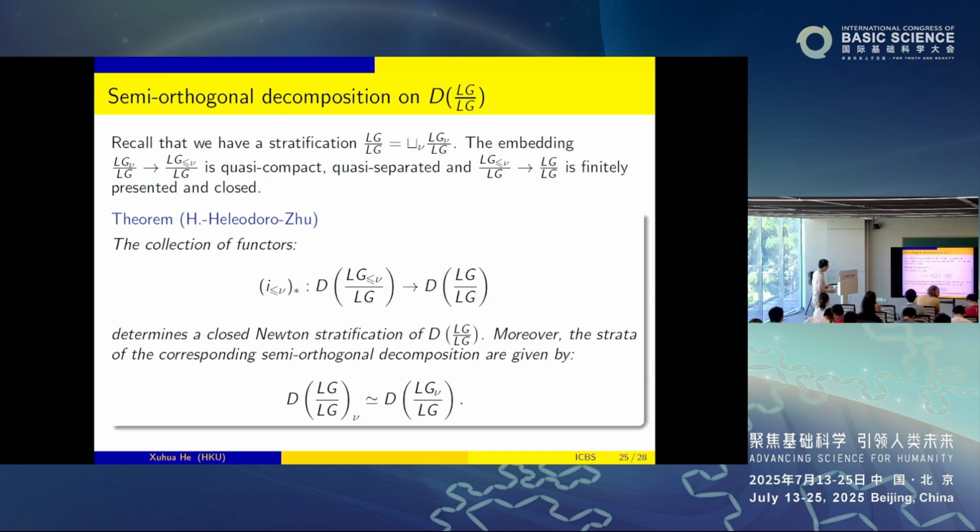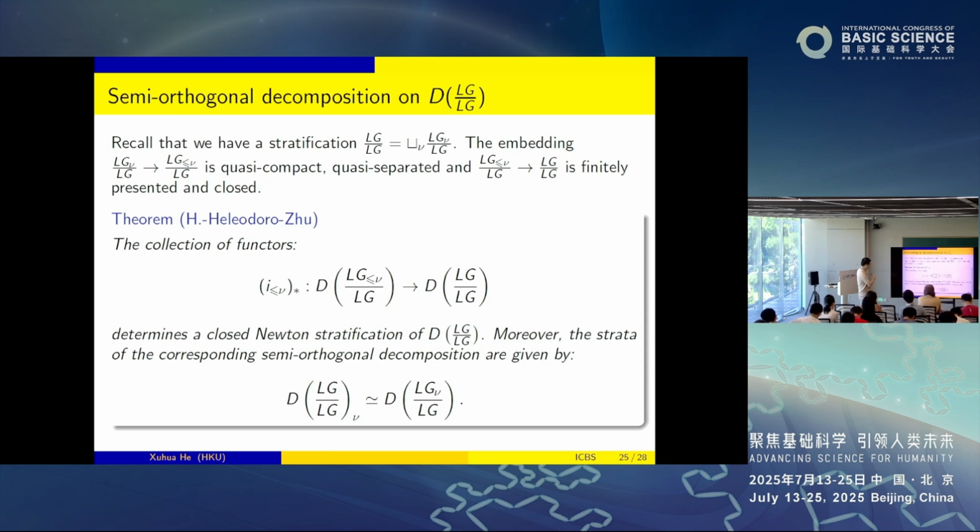Building from this, and also modulo the complicated sheaf theory, which appeared in Xinwen's 400-page paper, now we can talk about the derived category of constructible sheaves on this quotient stack, and also on the Newton strata.